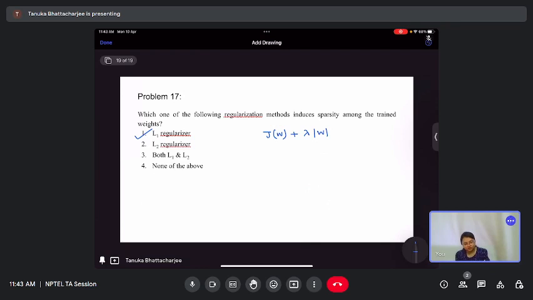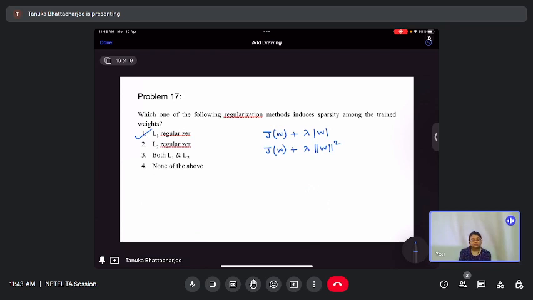In case of L2 regularization, you put the regularization term as lambda times the square of the L2 norm of W, and you try to minimize this cost function in each case. So in both cases, if you minimize this, the values of the different elements of the W vector will become smaller. Both of these will try to make the values smaller.